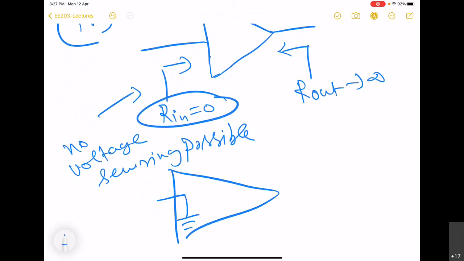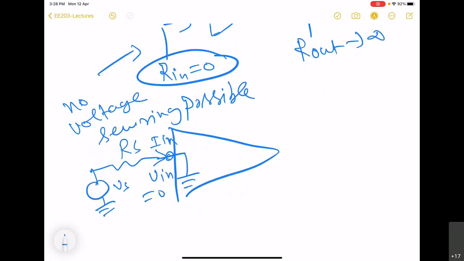So whatever you connect here, it will see this voltage V in to be always equal to 0. So this amplifier will never sense any voltage on the input side, rather it will sense current. So it will always be able to feel this I in that is flowing into it.